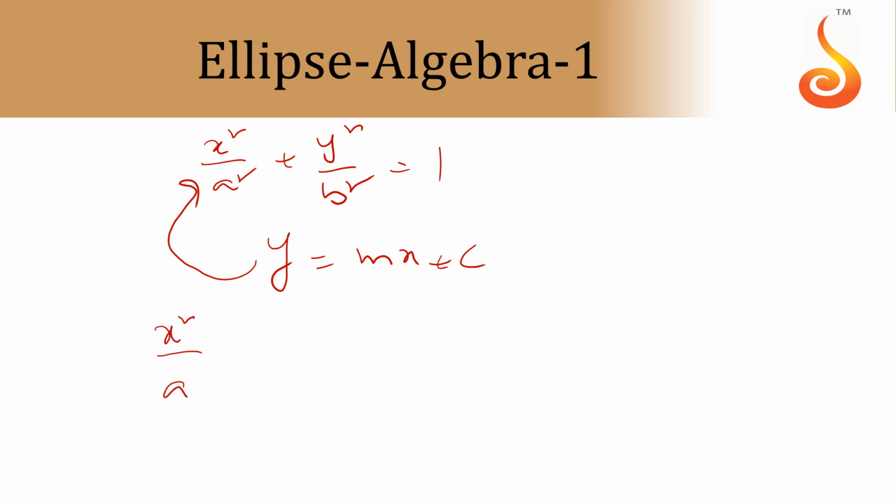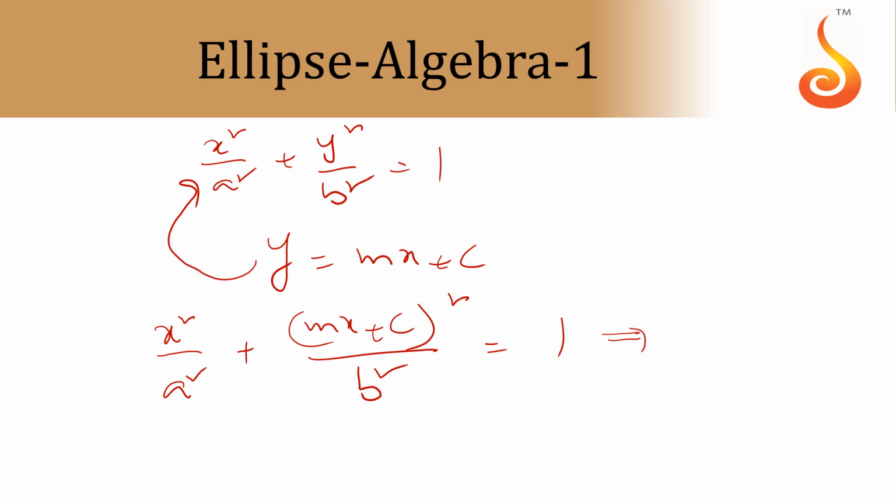So you will get x square by a square plus (mx plus c) whole square by b square equal to 1. If you simplify this, you will get a quadratic in x. I'm not simplifying, I just want to tell you what will happen, because in circles and parabola I have already done it. Simplification will be lengthy.